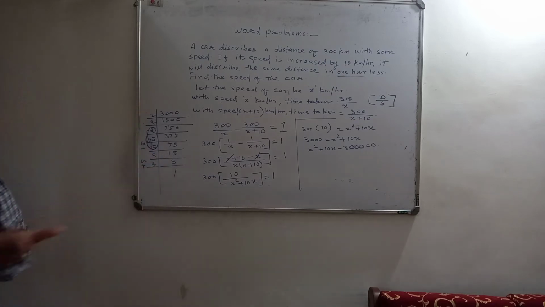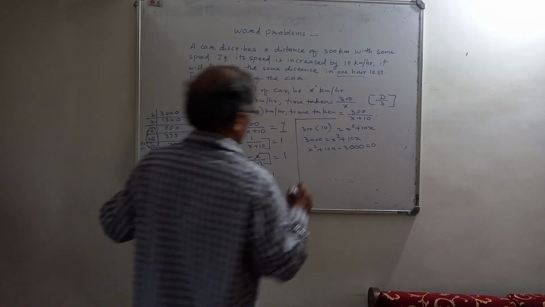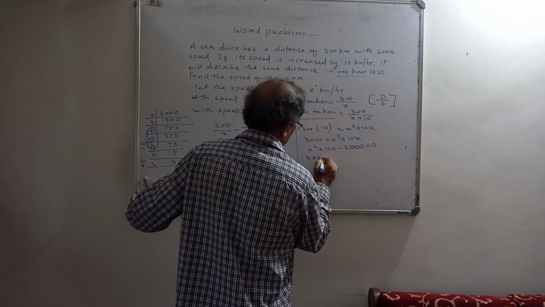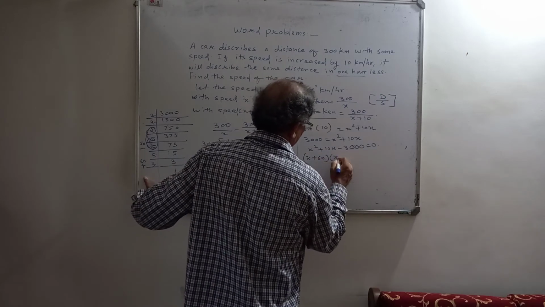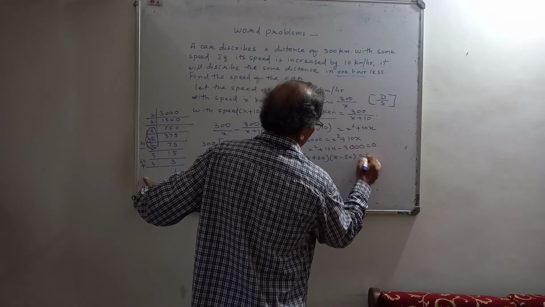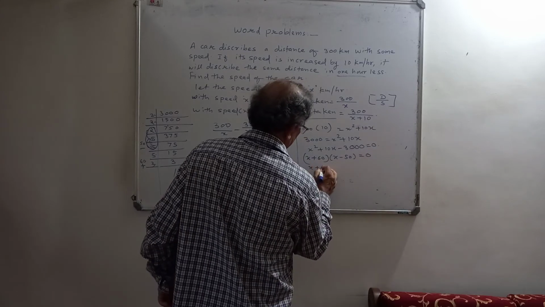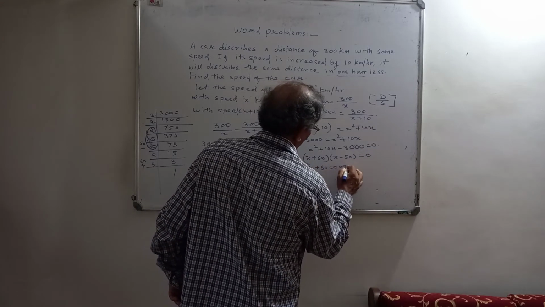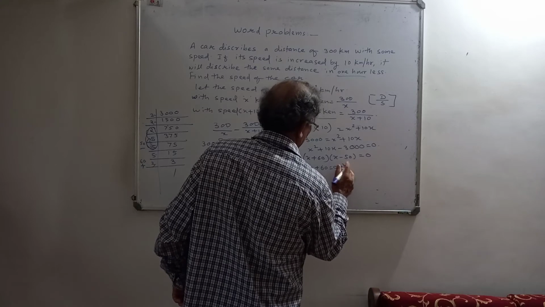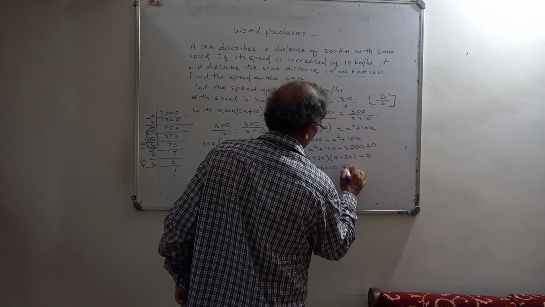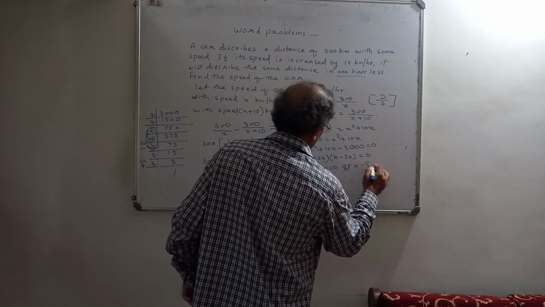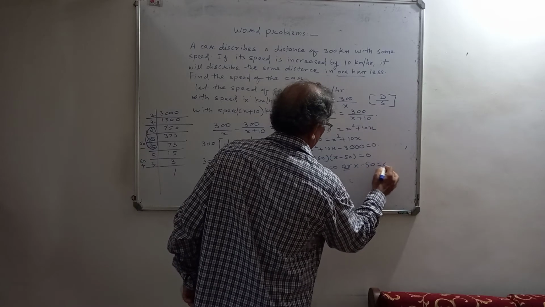This is how you can obtain the pair, isn't it? So now x plus 60 into x minus 50 is equal to 0. x plus 60 is equal to 0, or x minus 50 is equal to 0.